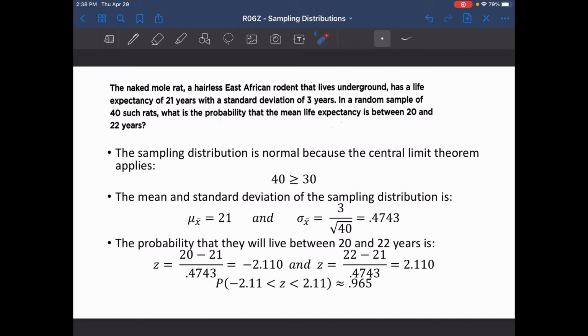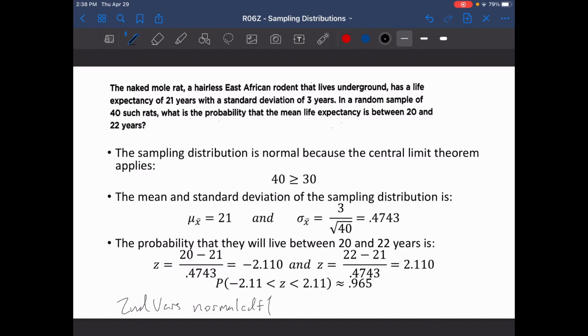You can do the method above, or once again, second vars, normal CDF. And again, we are trying to determine the value between 20 and 22 years.